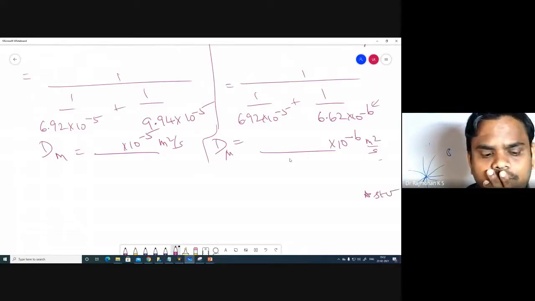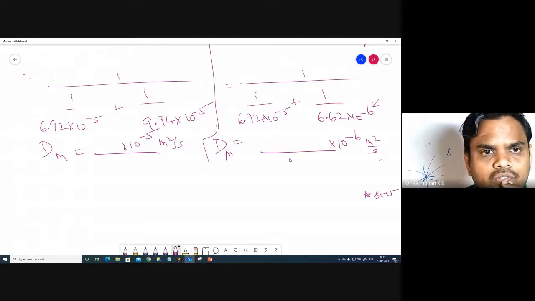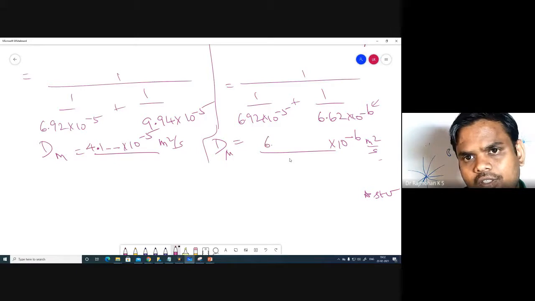I will write what I got, and all the values are subject to verification by the learners. Dm is 4.1 into 10 power minus 5. You write 3 digits. Similarly, D mu I got 6.1 into 10 power minus 6 meter square per second.